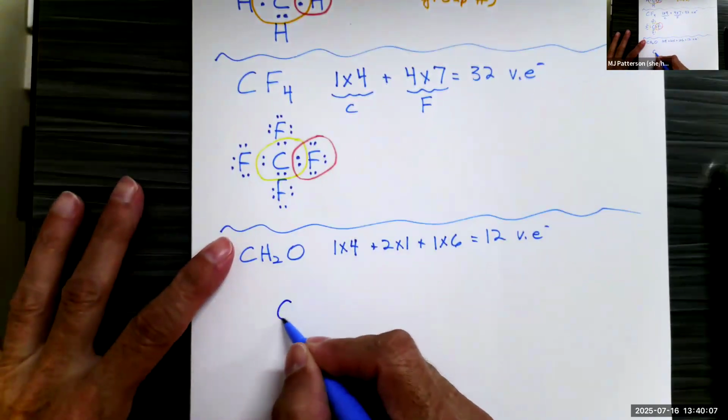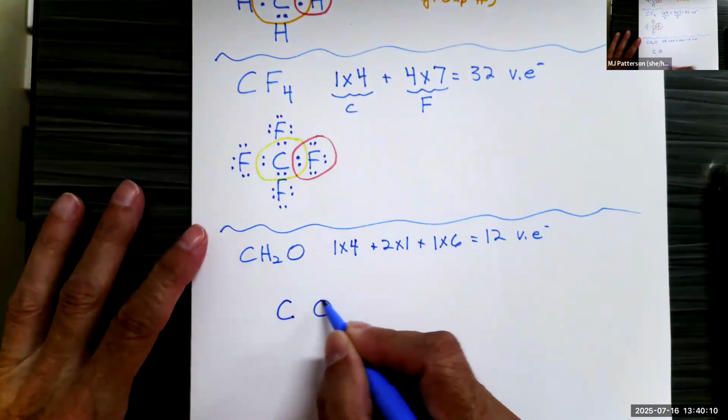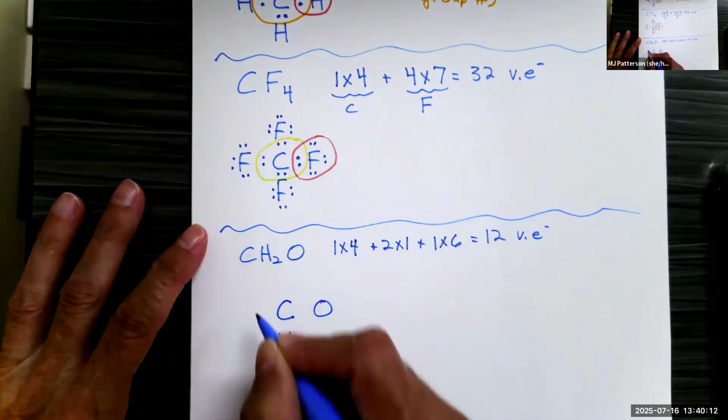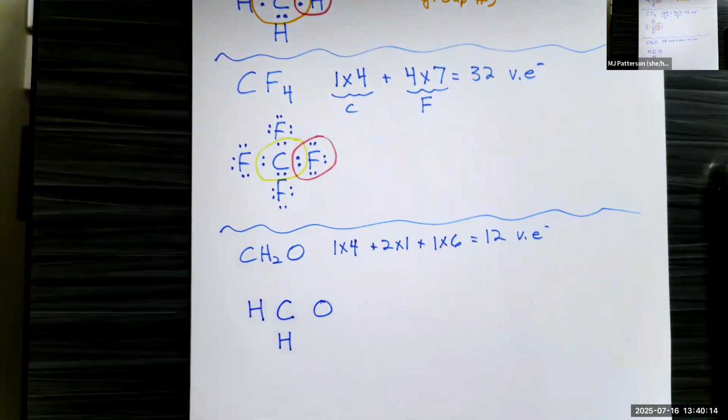So we'll draw carbon, we'll draw an oxygen, and we'll draw two hydrogens. Now, all four positions, top, bottom, left, and right, are considered equivalent, so it doesn't matter where you have the blank. Your arrangement around carbon may look different than mine. We just want one oxygen and two hydrogens around it.